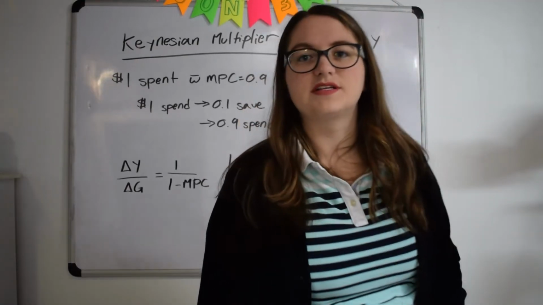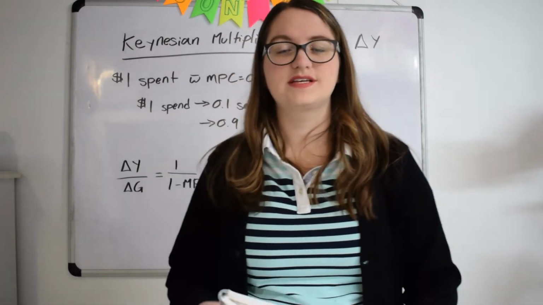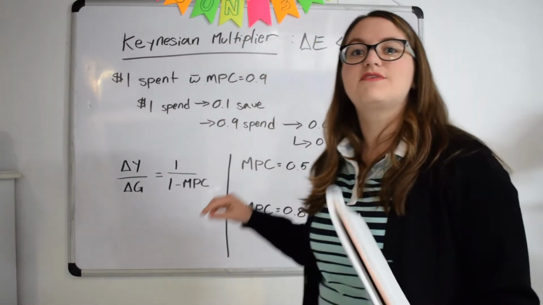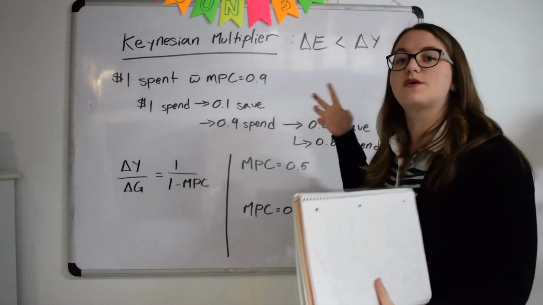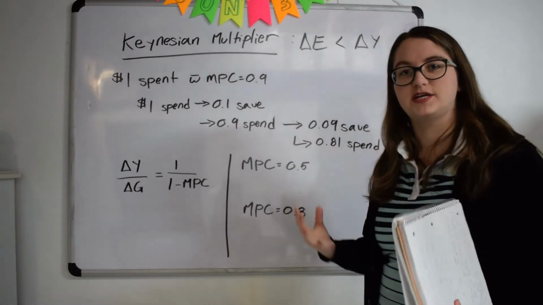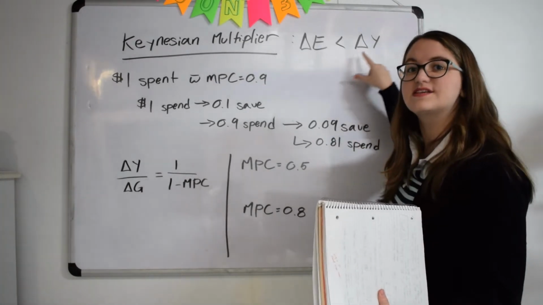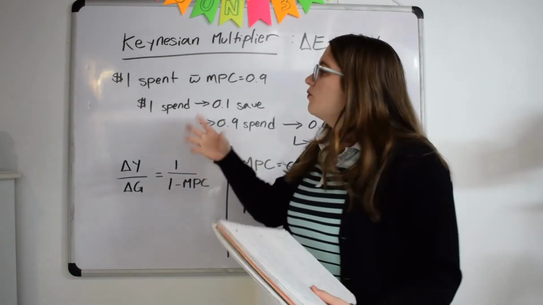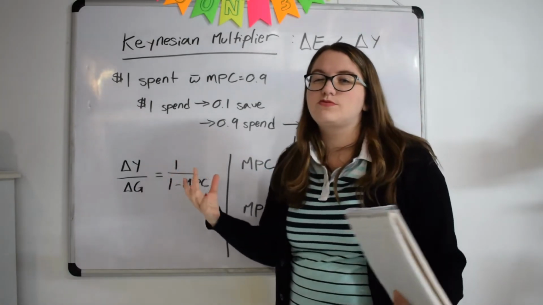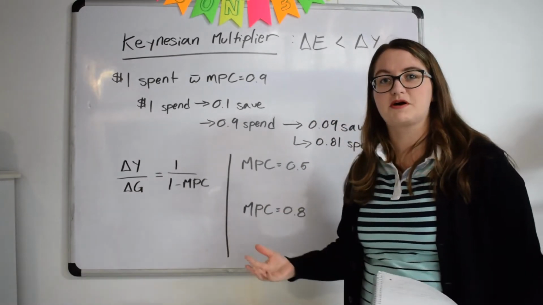The next topic in this video we're going to discuss is the Keynesian Multiplier, which basically says if there's $1 spent in the expenditure, this will create more than $1 in GDP. So a change in expenditure is less than the ultimate change in GDP. This is pretty similar to the deposit multiplier that we talked about in the classical model.